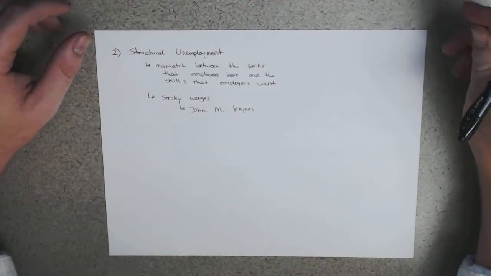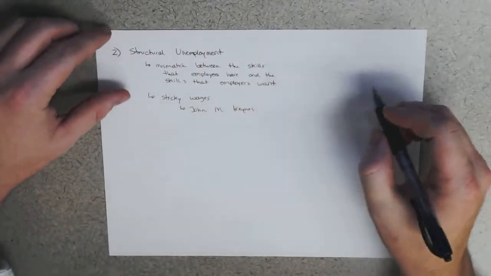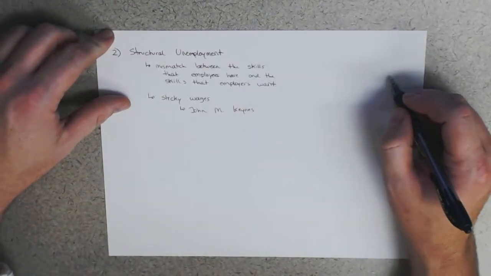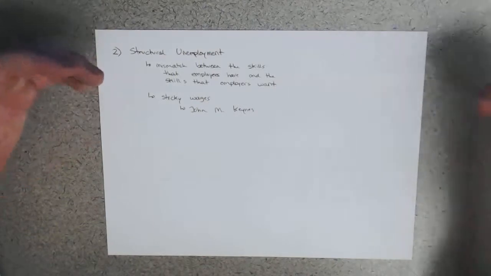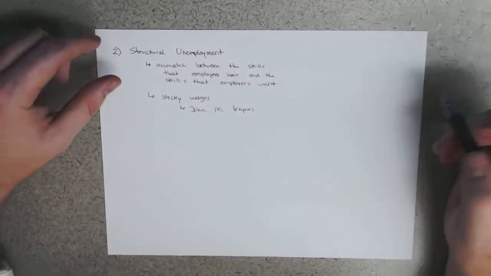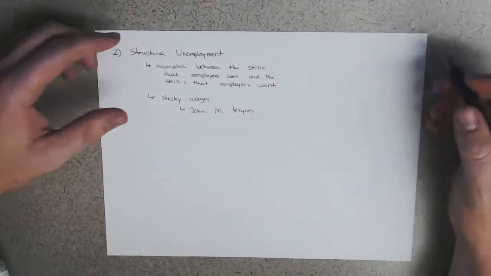And so maybe we want to have people move from Detroit over to New York City, and in that way, they would reduce their unemployment rate by finding a job in a different city.